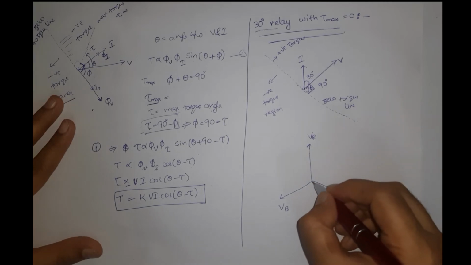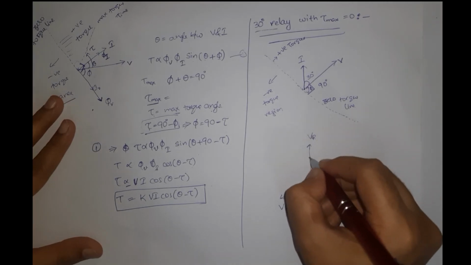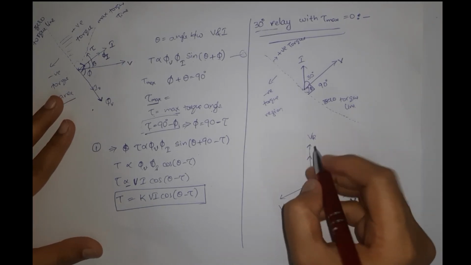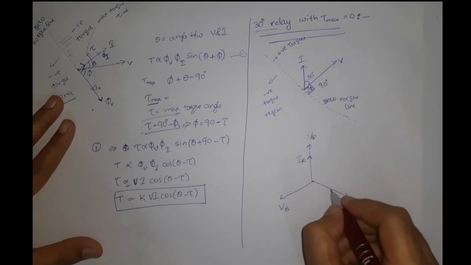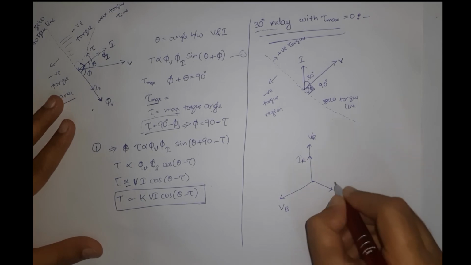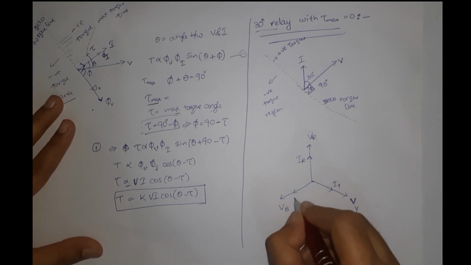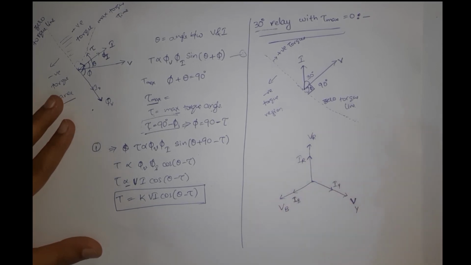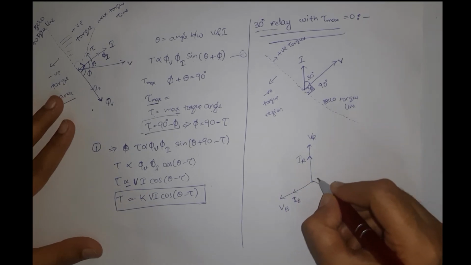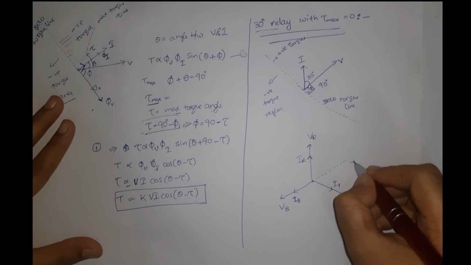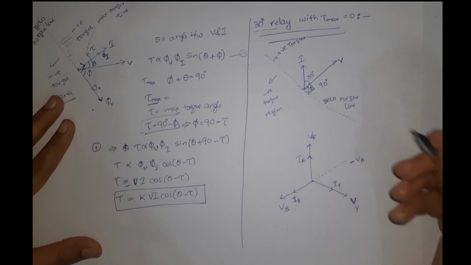So now, IR is in phase with VR. In the same way, IY, IB, right? Now if you extend this one in the opposite direction, we will be getting minus VB.